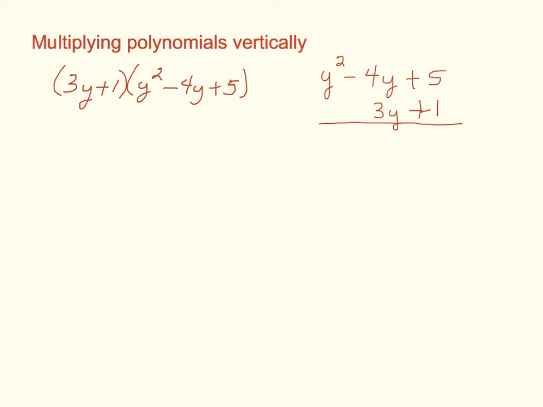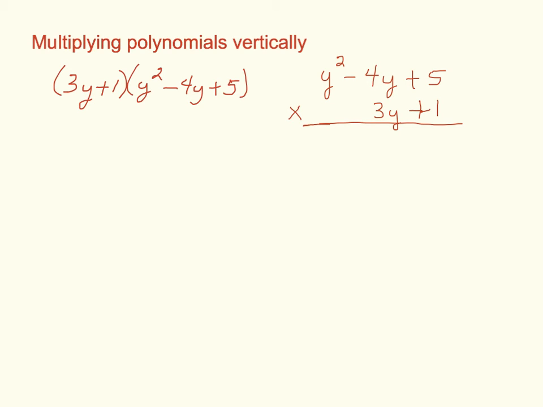The thing is, you don't have to line them up according to like terms here to multiply, but you do want to, after you go through the multiplication process, line them up according to like terms. And just watch what I'm talking about.